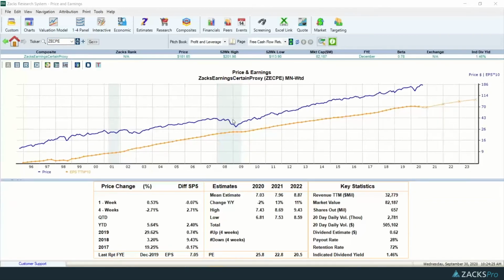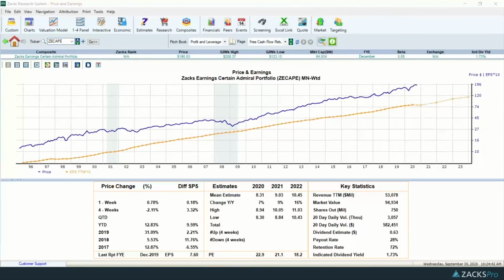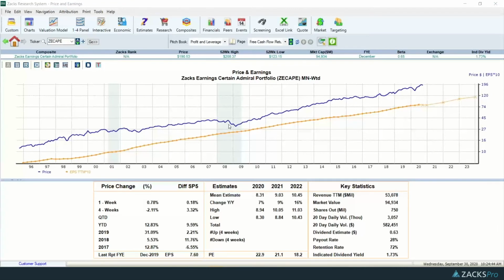If you look at the earning certain portfolio over time, the only real events you can see here are the Great Recession and a little bit of COVID. And if we look at the Admiral portfolio, it's even less a factor for the Great Recession and less a factor for COVID.